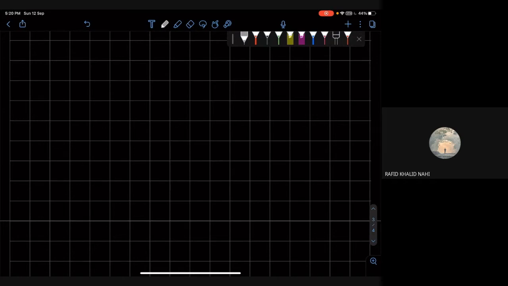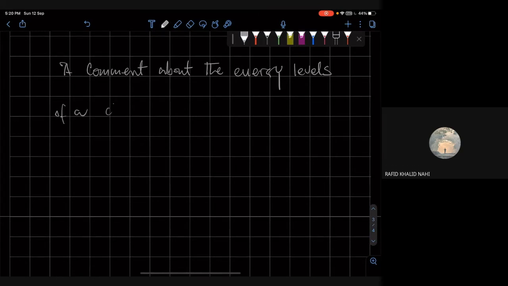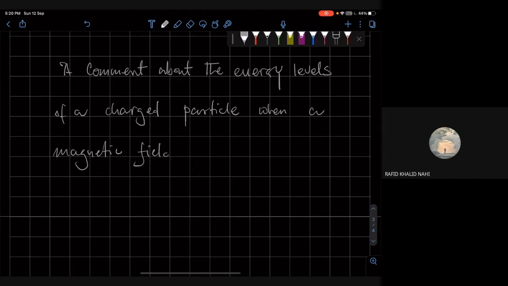But before doing that, let me give a comment or an observation about the energy levels of a charged particle when a magnetic field is turned on. Okay, so I'm being a little bit ambiguous intentionally.